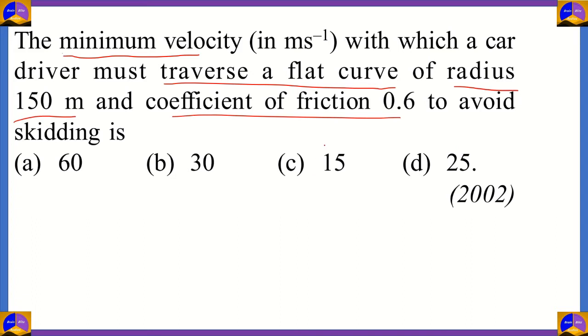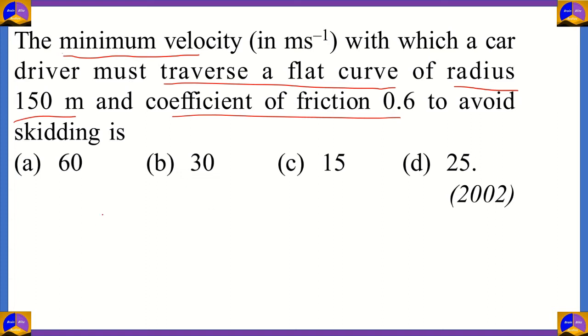So in this question, a person is driving a car along a flat curve and he doesn't want to skid on it, but he wants to go as fast as possible. Which of these velocities must he travel at in order to reach that speed without skidding?